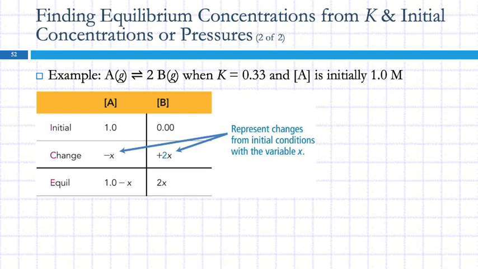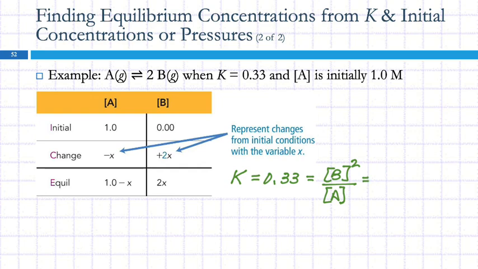Well, we can write the equilibrium constant expression for this. K was 0.33, and that's equal to the concentration of B squared over the concentration of A. We can describe the concentrations of A and B in terms of X, so we're going to substitute those into this equation.